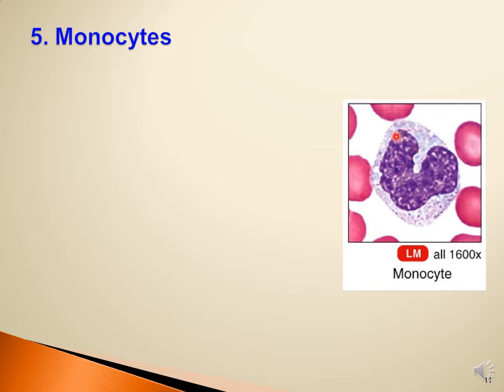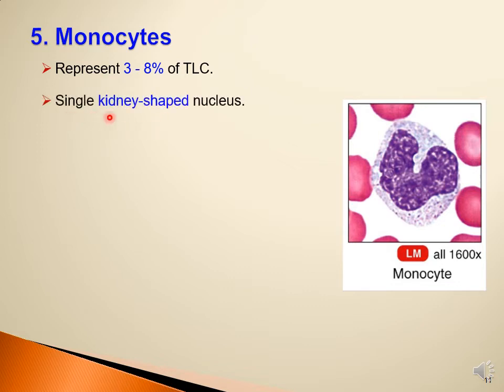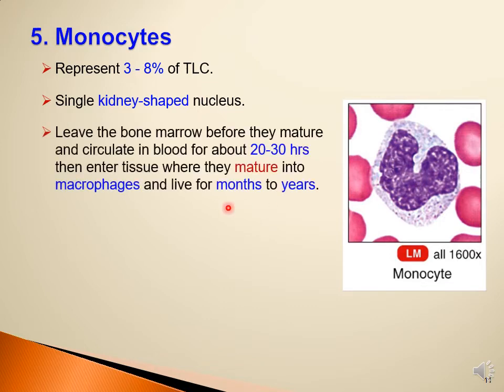And you can see here the cytoplasm lacks coarse granules. That's why they are agranulocytes. They represent 3 to 8% of the total leukocyte count. They have a kidney-shaped nucleus, as you can see in this part of the slide, and they leave the bone marrow before they mature and circulate in the blood for about 20 to 30 hours.